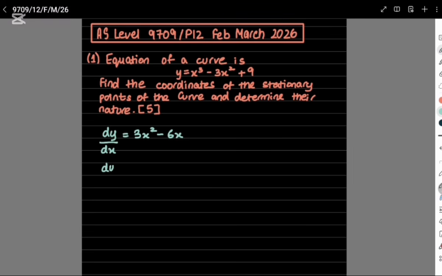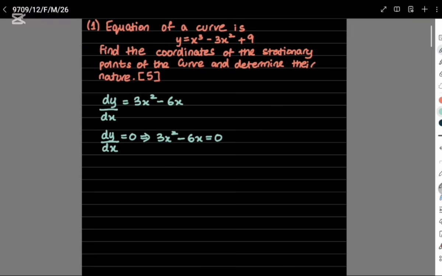The next step, you equate it to 0, which implies that 3x squared minus 6x is equal to 0. Now you can factorize this into 3x into x minus 2 is equal to 0, which further implies that x is equal to 0 or x is equal to 2.